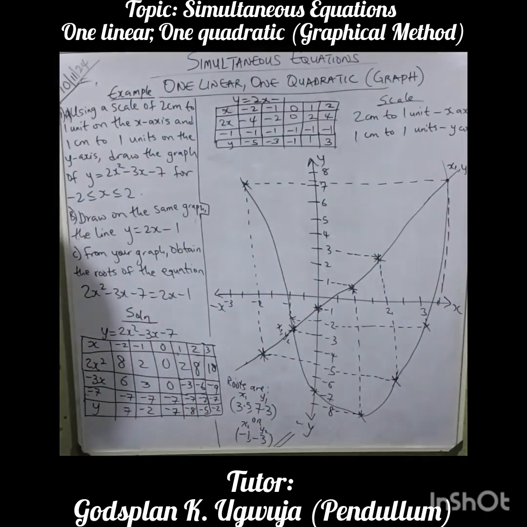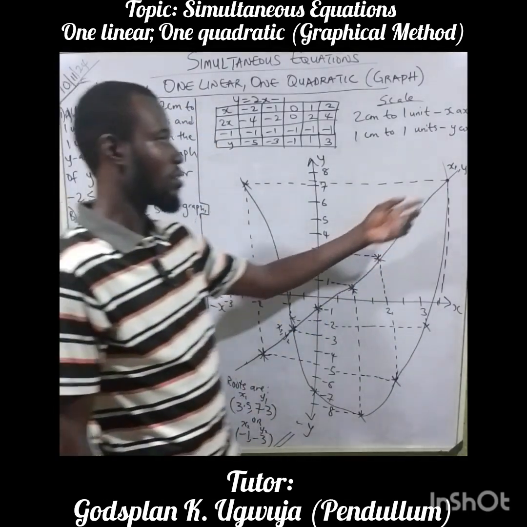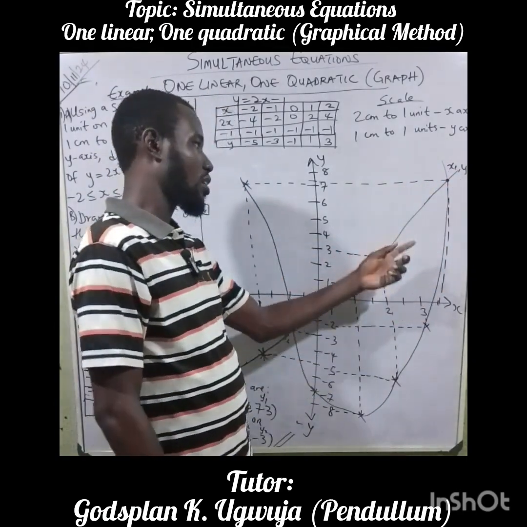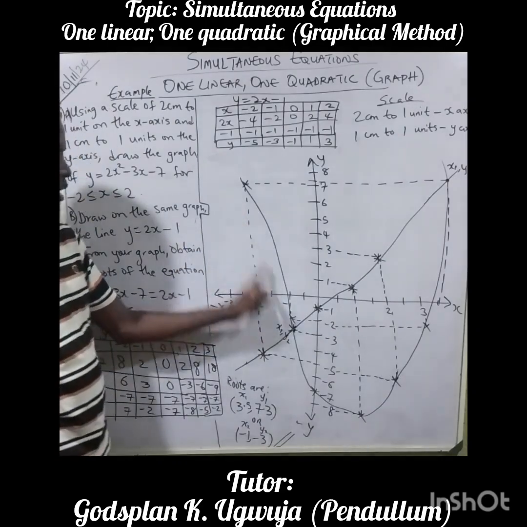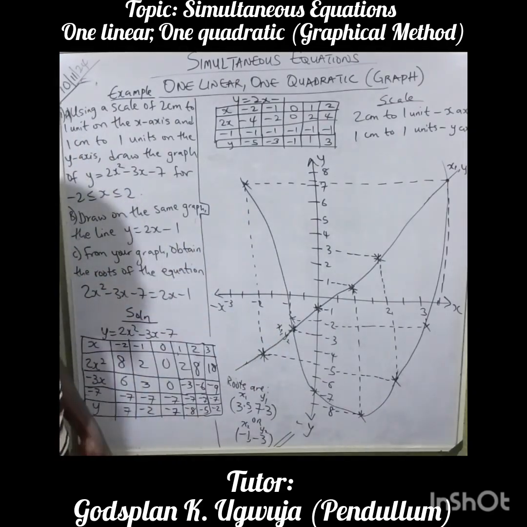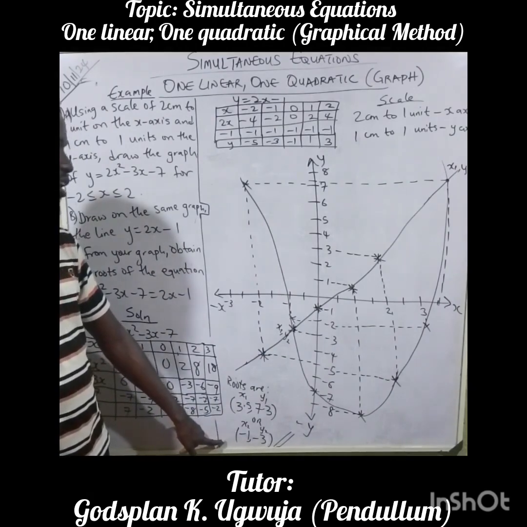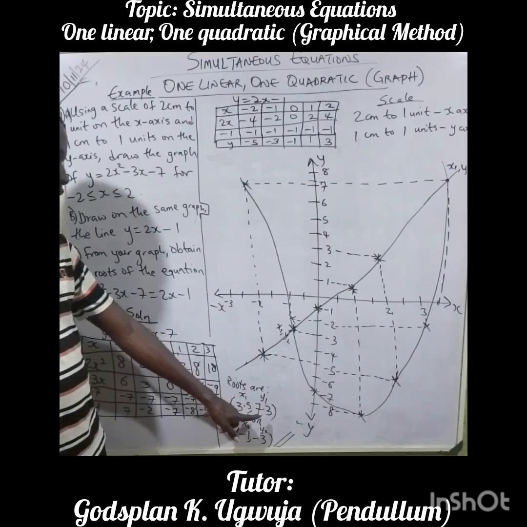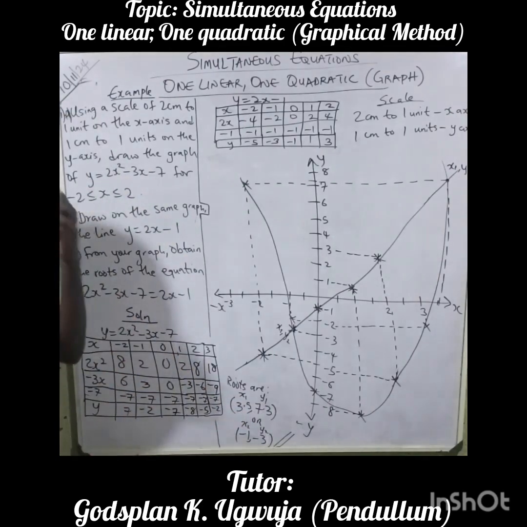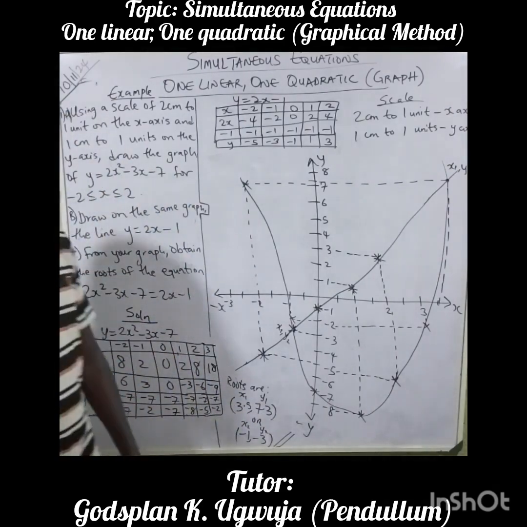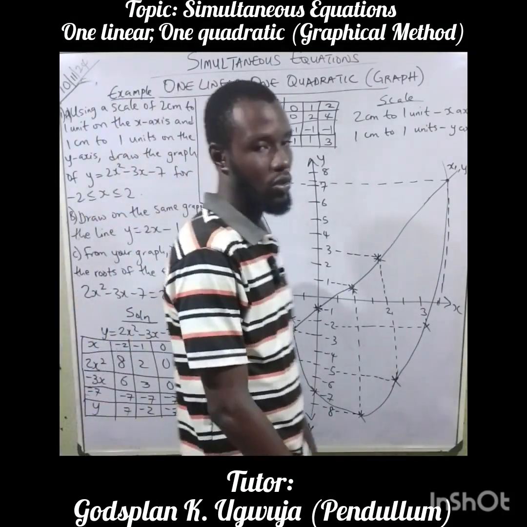Those are your two solutions, x1, y1, and x2, y2. So our values of x here are 3.5 and -1. Our values of y are 7.3 and -3. That is how you solve one linear, one quadratic using the graphical method.